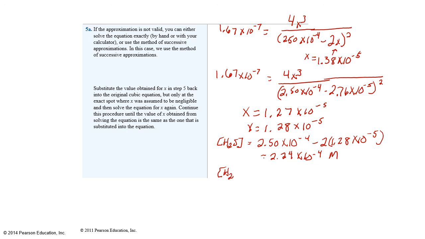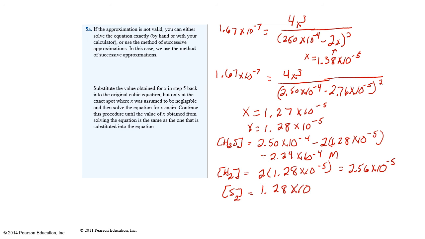For H2, it's going to be 2 times that value because it was 2x. And our sulfur concentration was just 1x, so 1.28 times 10 to the minus fifth molar.